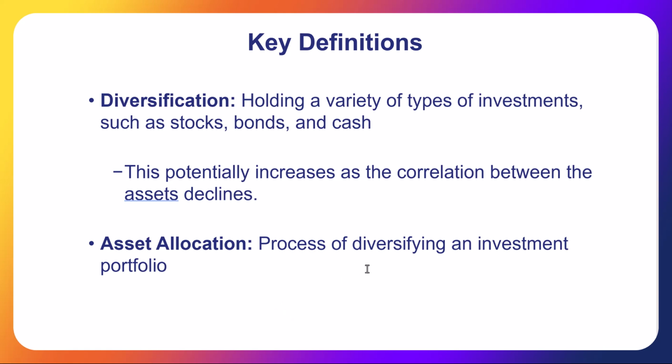Asset allocation is the process of diversifying an investment portfolio across different types of investments. So asset allocation refers to not spreading assets within an asset class, but across a spectrum.